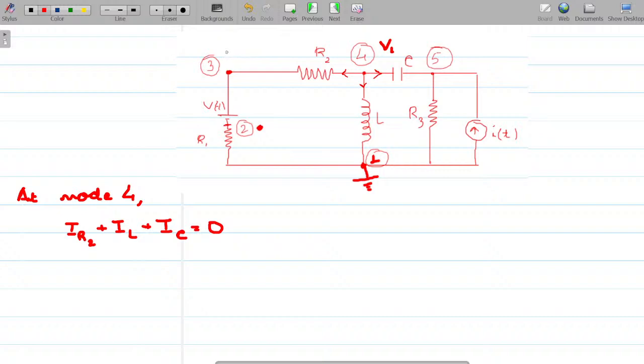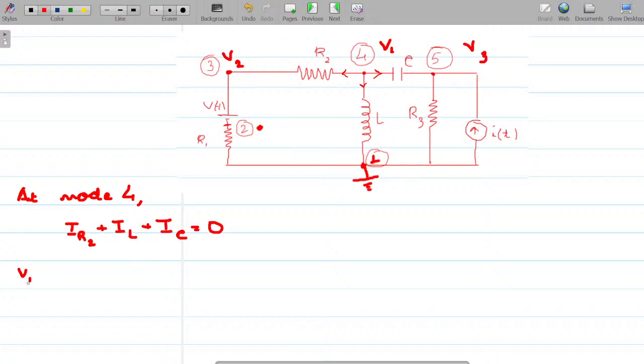This to be V2, right? This would be V2. Let's say this to be again V3, right? Can we say that?